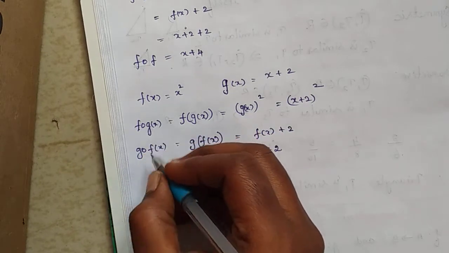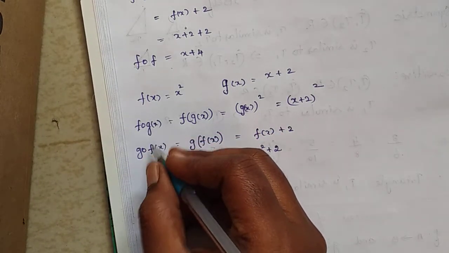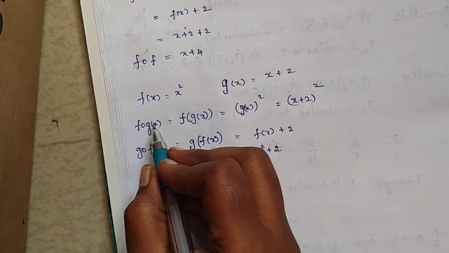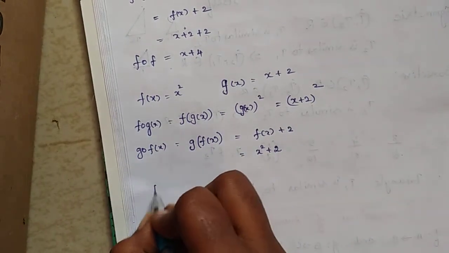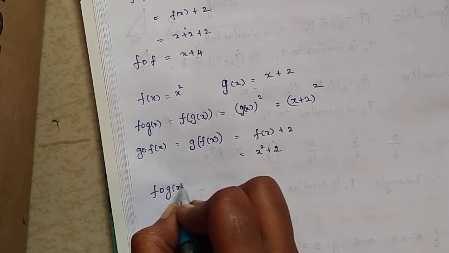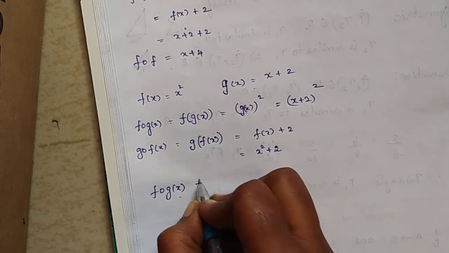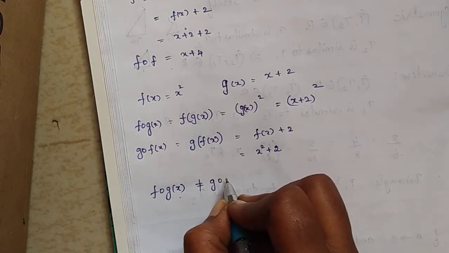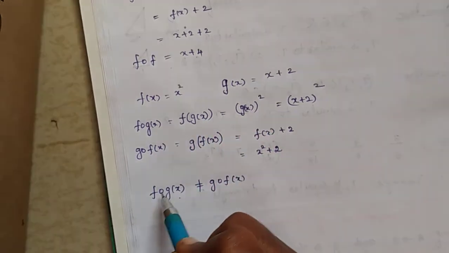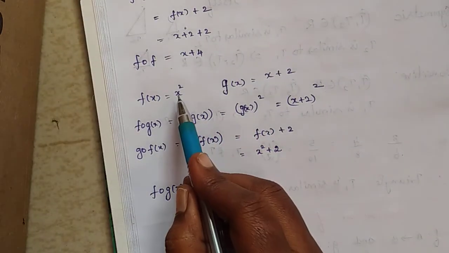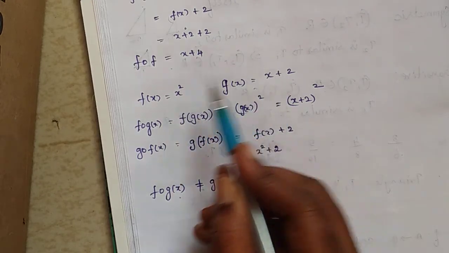Now both the functions I am combining, f with g and g with f, and both are different. So this is not the same in these two given functions.